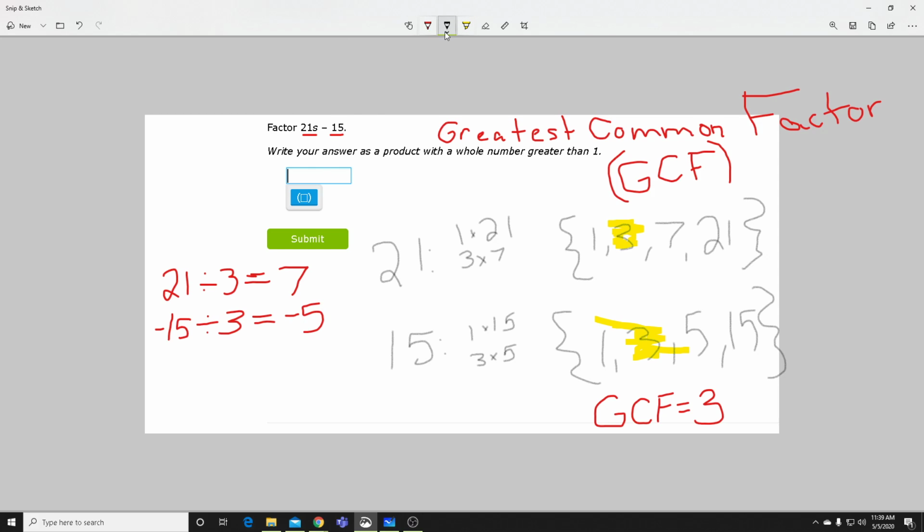So when we factor this, we're going to take our GCF, 3, and put this outside the parentheses. We did 21 divided by 3, that gave us 7, so we're going to put this 7 here. We keep the S. And then we said negative 15 divided by 3 was negative 5, so we're going to do minus 5. So we have 3 times the difference of 7s and 5.